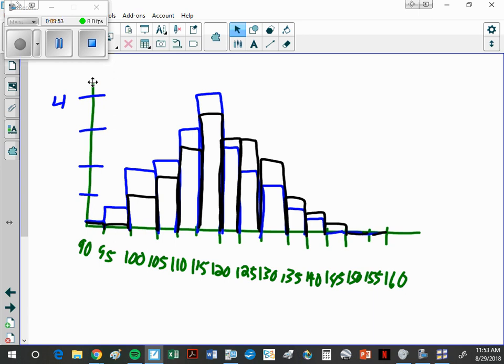So the 17 to 24 had higher blood pressures than the 25 to 34. Why might that be? Being a teenager is hard. Okay, lots of potential reasons there. Okay.